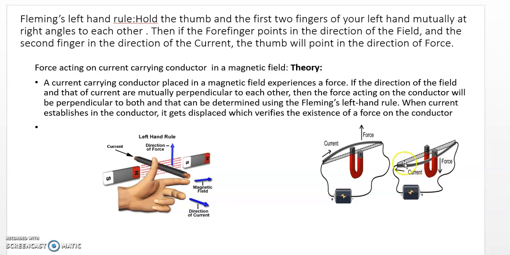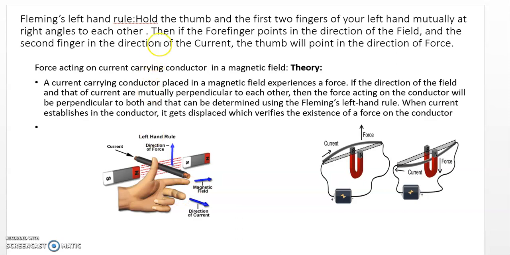So what is the direction of the force? That can be given by Fleming's left hand rule. In Fleming's left hand rule, the thumb points in the direction of the force, this finger represents the direction of the magnetic field, and this finger represents the direction of the current.